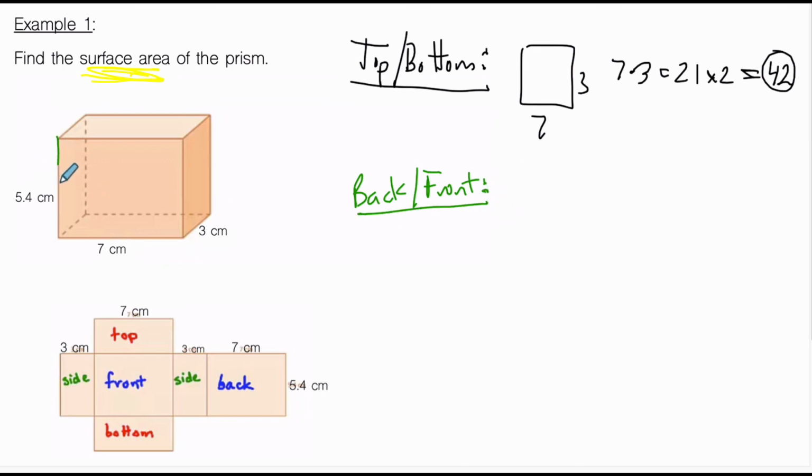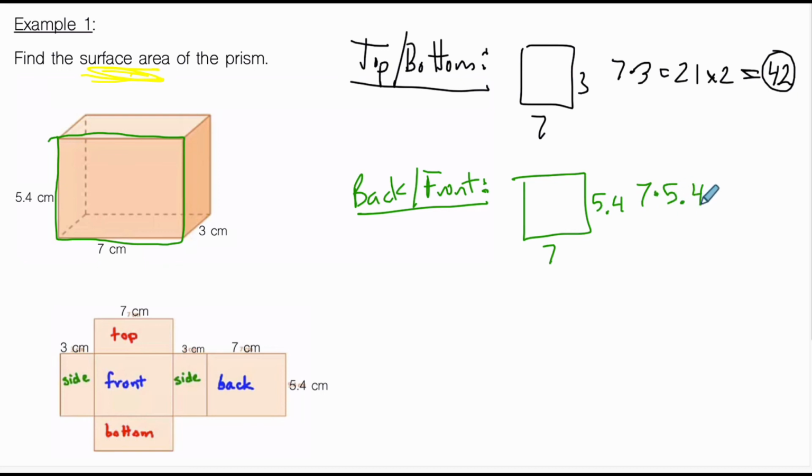All right. So the back and the front are a rectangle that is 7 inches by 5.4 inches. So to find the area of that, 7 times 5.4, which is 16, wait a second, that's not right, 37.8.